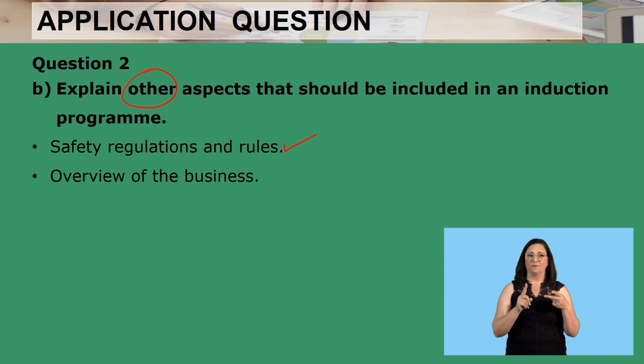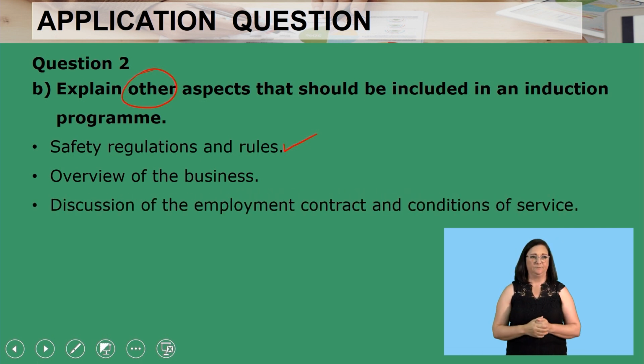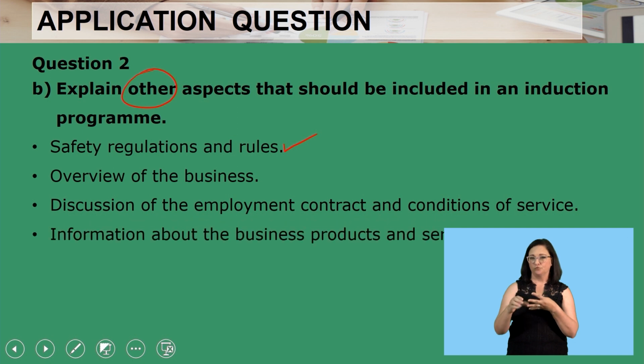Secondly, there should be an overview of the business. What is the business all about? When was it established? What does it stand for? Thirdly, there should be a discussion of employment contracts and the conditions of service. Information about the business products and services should also be included in the induction program.